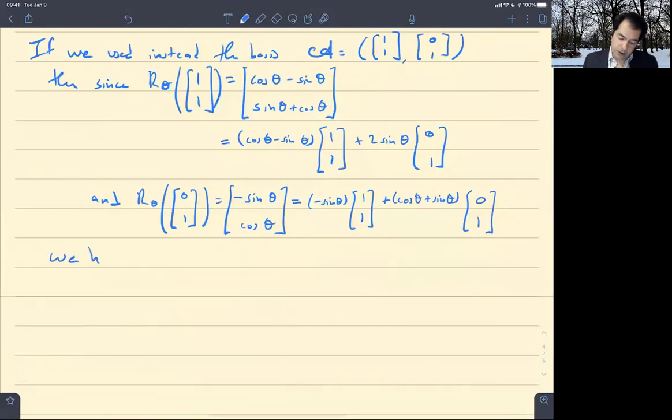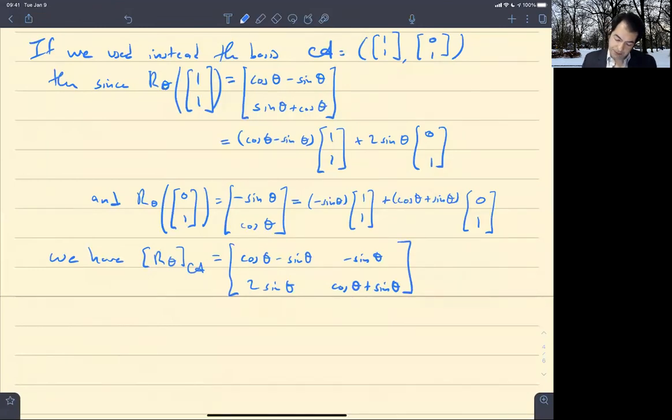So putting those together, we see that the matrix associated to R theta with respect to the basis A has entries, well, these coefficients are going to be the first column, and these coefficients are going to make up the second column. So I get cosine theta minus sine theta, and then 2 sine theta, and then minus sine theta, and then cosine theta plus sine theta.